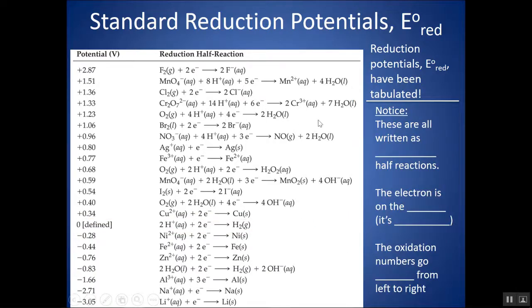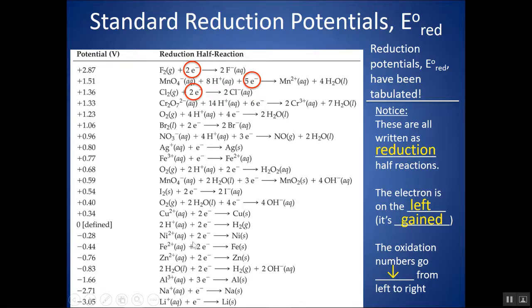Okay, so again, notice that these are all reduction half reactions. The electron in each case is written on the left side, so these are electrons that are gained. And even if I'm looking at the oxidation numbers, this is going 0 to -1, they're all going down, which makes sense if you're reduced. So if these all above hydrogen actually got reduced, these reactions would be going forward.